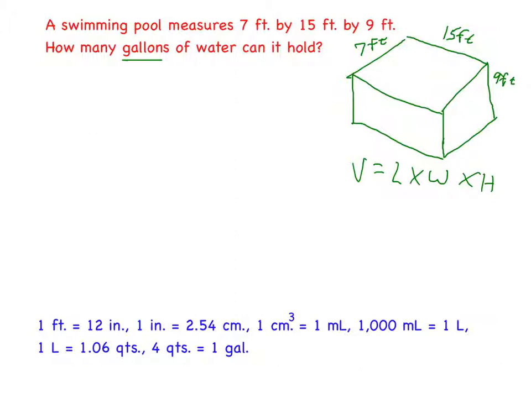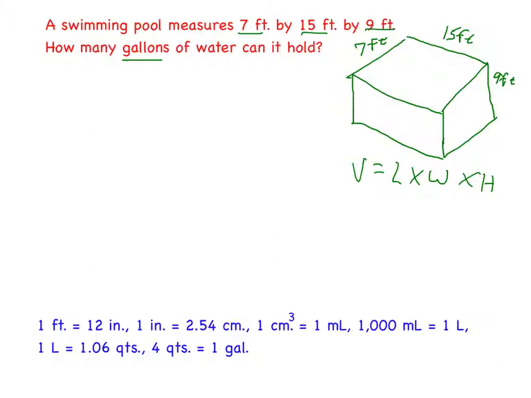The first thing that we're going to do is go ahead and apply that volume formula. You'll notice that you've got 7 feet by 15 feet by 9 feet. Now you can't put all three of those over one and try and run a problem. You could work it individually with each one of them and then add it all together at the end, but that's way too much work.